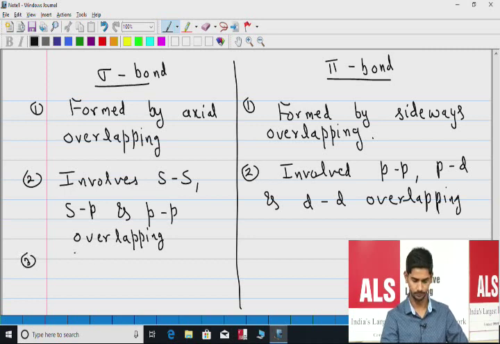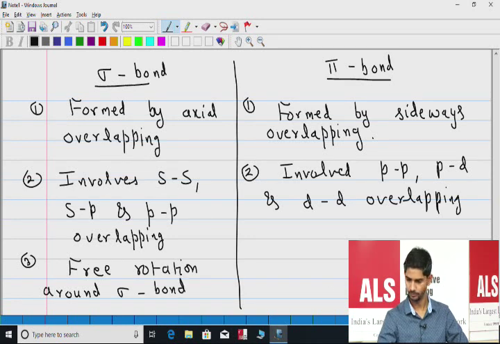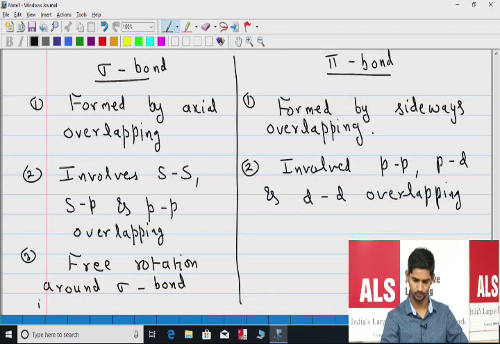Number 3, free rotation around sigma bond is possible.